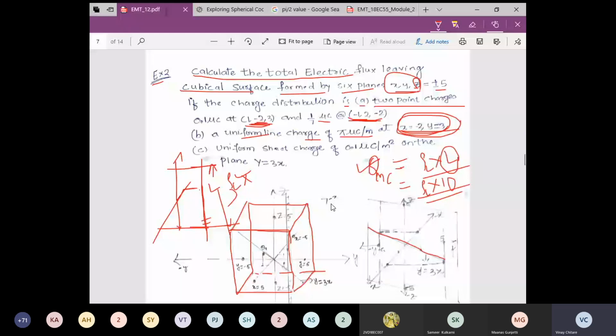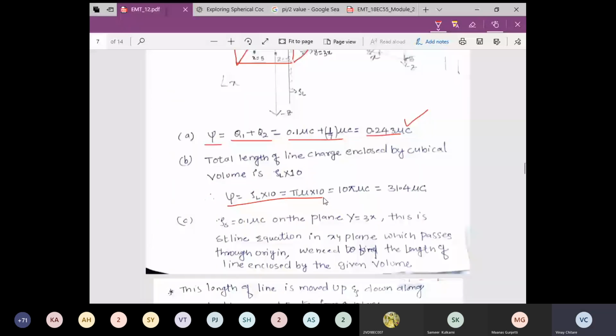We found that it is 10 meters, and hence total charge enclosed is rho L into L, which is rho L into 10, and that leads to 31.4 microcoulomb. Is this point clear?